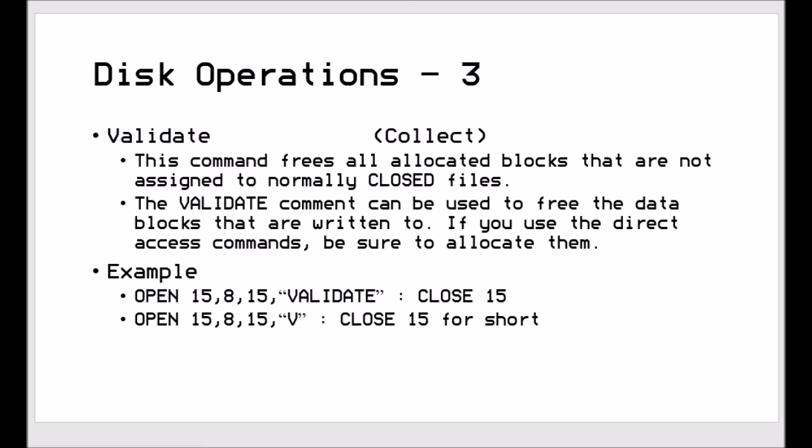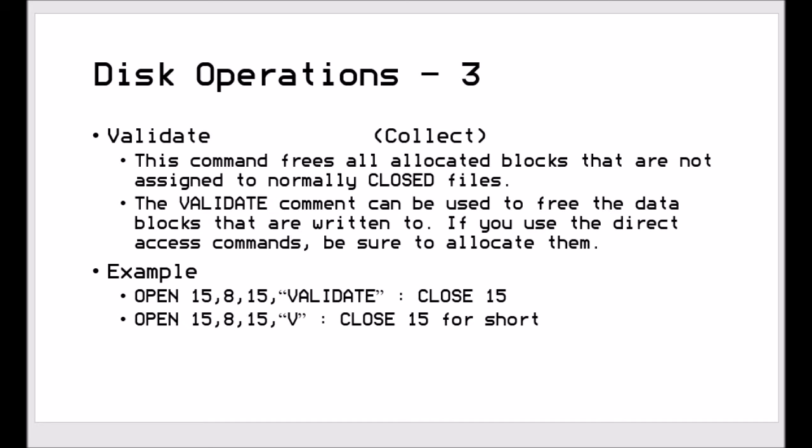So if you've got a file and you left it open and didn't bother closing it, that allocates blocks, but it doesn't permanently allocate them. So what the collect does, it looks at the data and sees if it was a closed file or not.